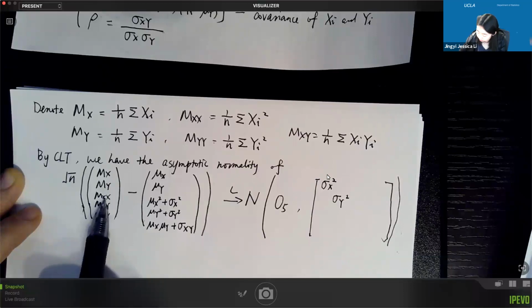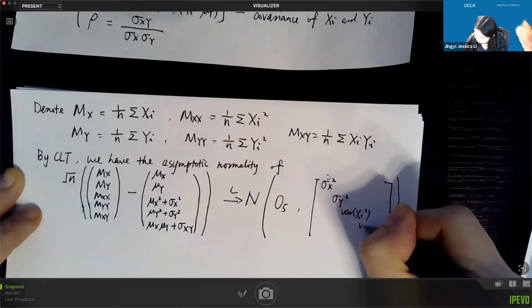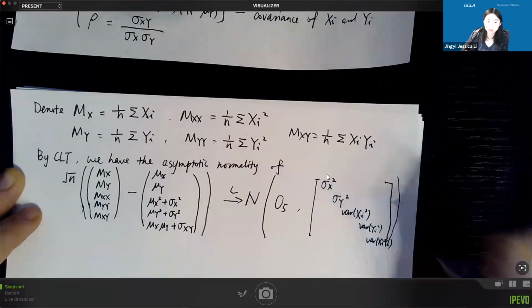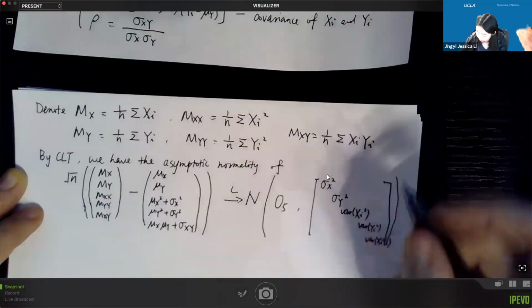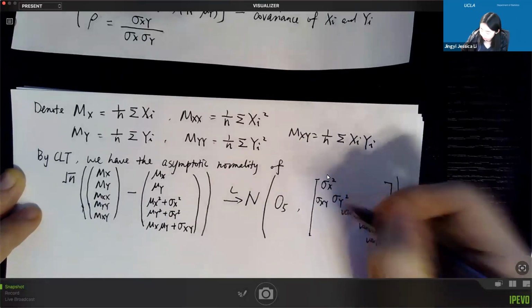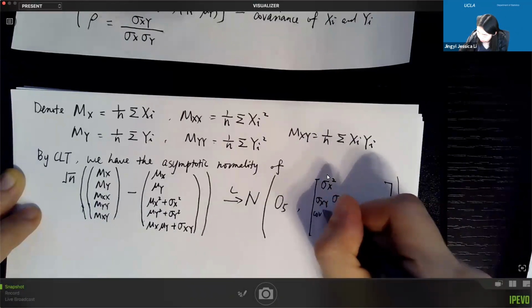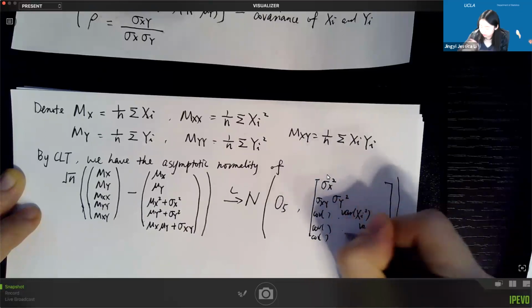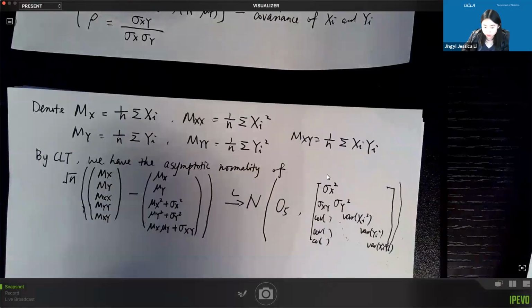It's the variance of xi squared, variance of yi squared, and variance of xi yi. That's the variance term. And for each one, we will have a covariance. Like here, we would have sigma xy. But down here, we're going to have some covariance. So I'll just leave it here, some covariance and some covariance. The covariances need to be calculated. That's the complicated 5 by 5 covariance matrix.